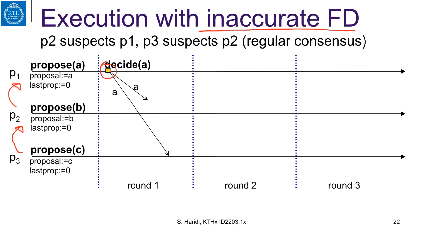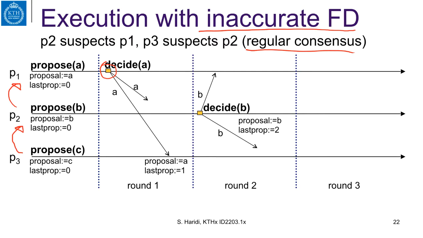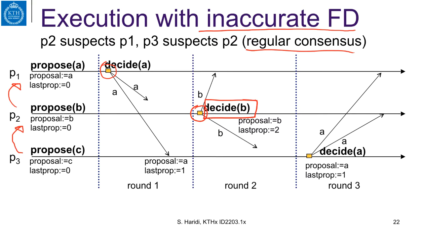This is a regular consensus. P2 suspects P1, which would mean that P2 will move to the second round and decide on B. And P3 will move to the third round and decide on the value that it got at round 1, which is A in this case.